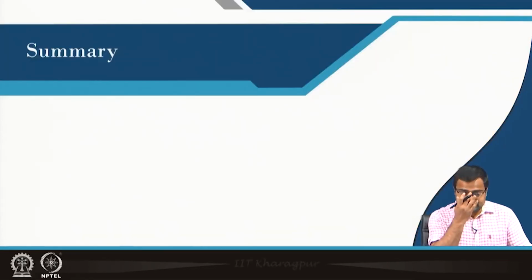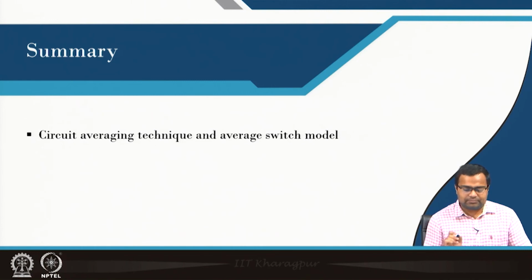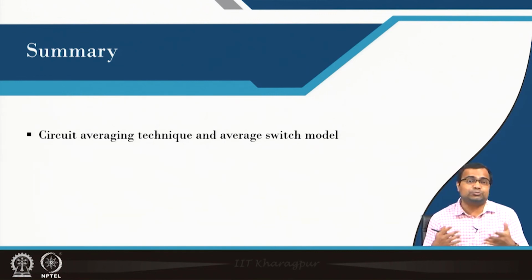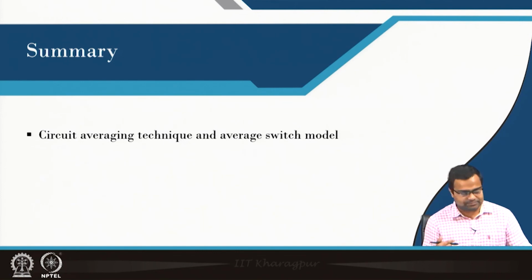So, in this lecture we have discussed the circuit averaging technique, of which there are two approaches. One, we can obtain the equivalent circuit by averaging the waveform over a periodic cycle, and the second approach, we can obtain the equivalent circuit by applying the average switch model, like using the three terminal switch model.